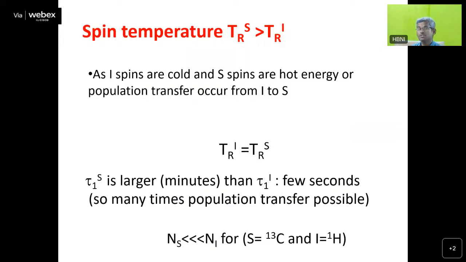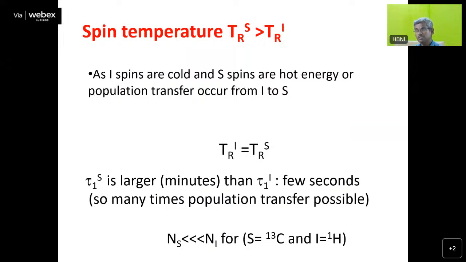Another minor point which I should say: protons relax faster compared to carbon-13. For carbon-13, the relaxation times are longer. T1S is of the order of a few minutes. For a carbon-13 nucleus to relax, it takes a few minutes, whereas a proton can undergo relaxation within seconds.